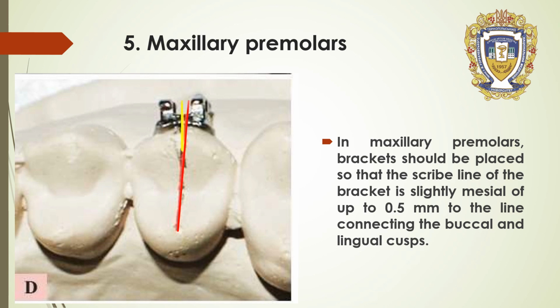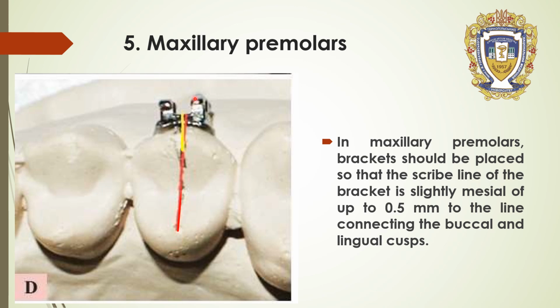But what about the next group of teeth, maxillary premolars? In maxillary premolars, brackets should be placed so that the scribe line of the bracket is slightly mesial, up to half a millimeter, to the line connecting the buccal and lingual cusps.